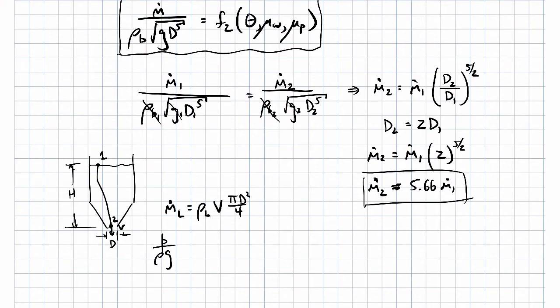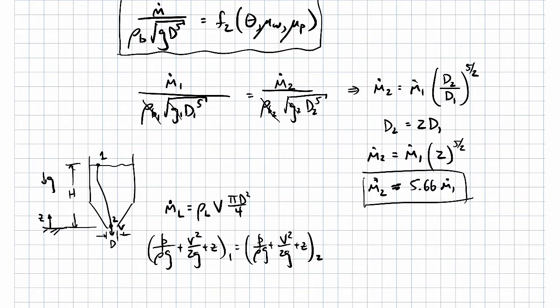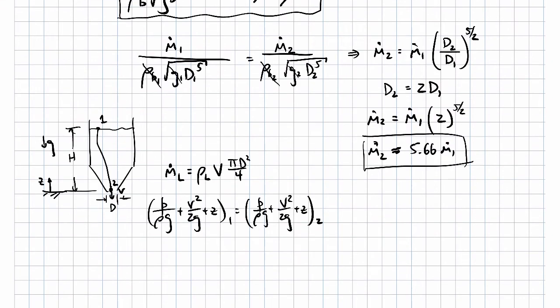So we can write out Bernoulli's equation. The z here, I'll just measure from the base pointing upward. Remember, gravity is pointing downward. So from Bernoulli's equation, the pressure at 1 is equal to the pressure at 2.